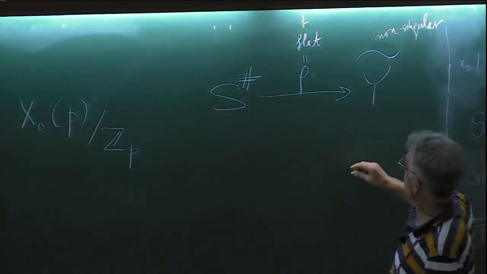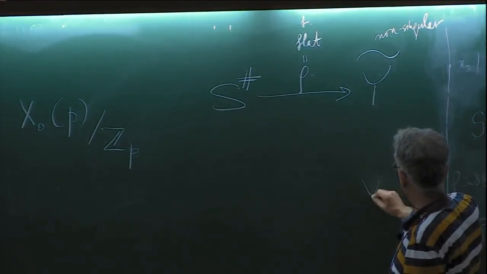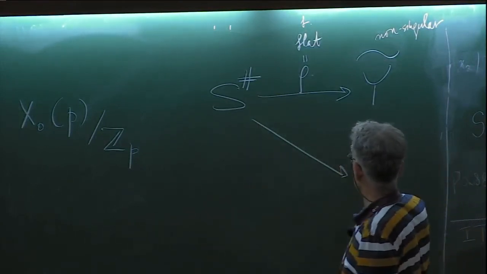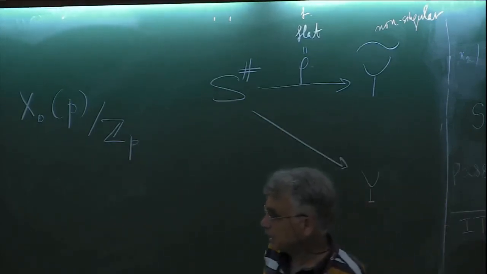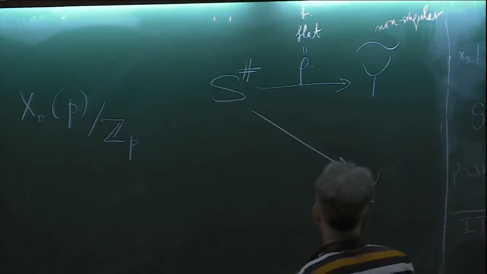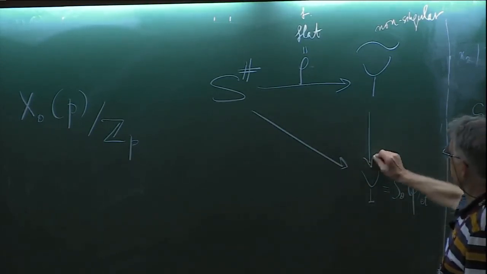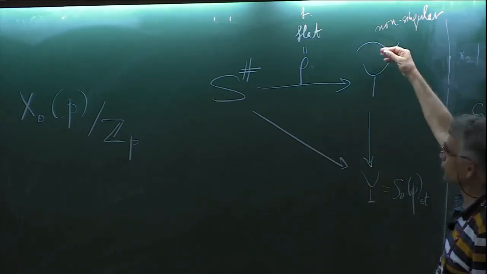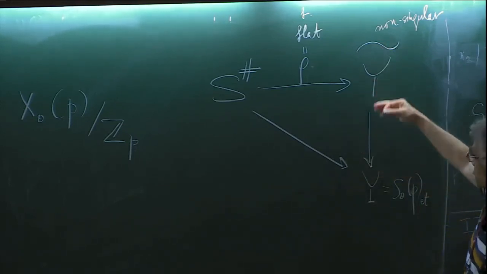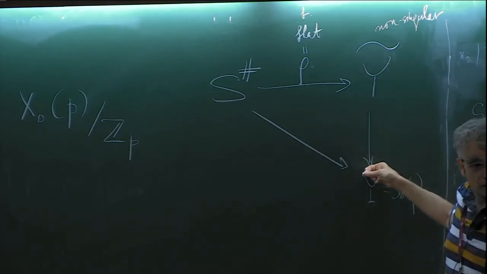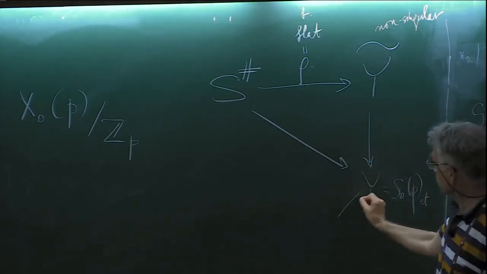Now we also know that we have a map like this to S0p étale, and we know that over the ordinary part, this is a birational isomorphism, and we know that this is normal.